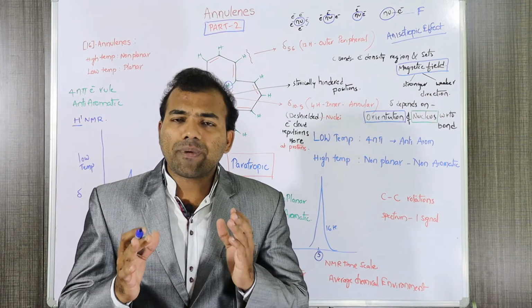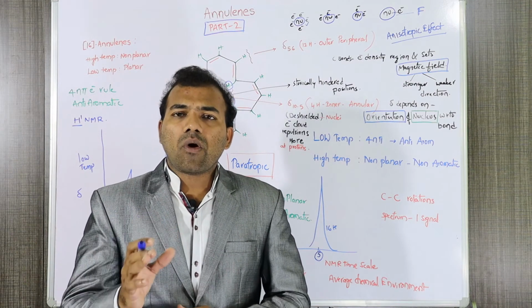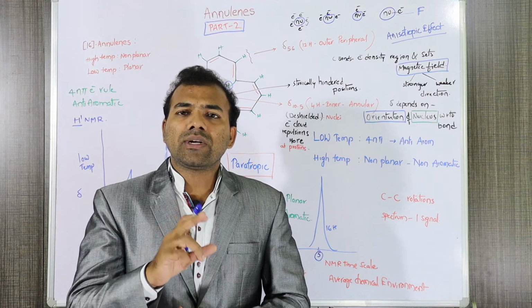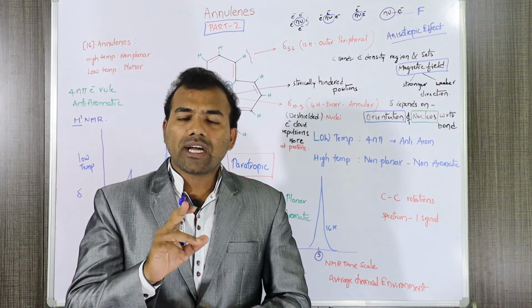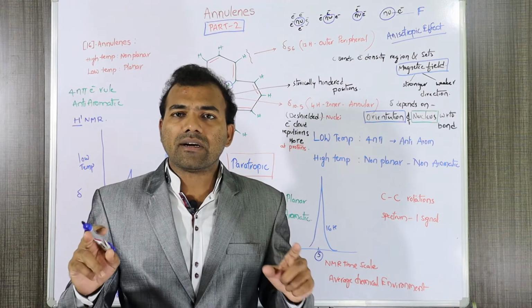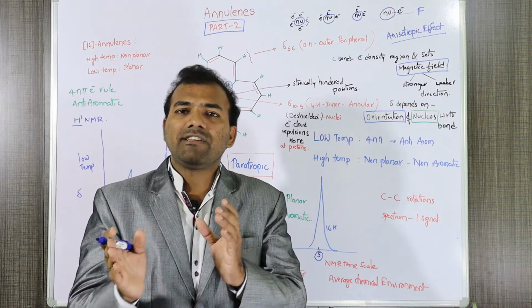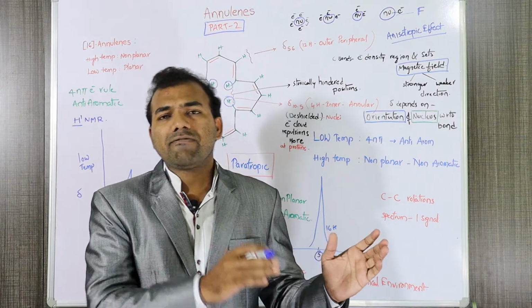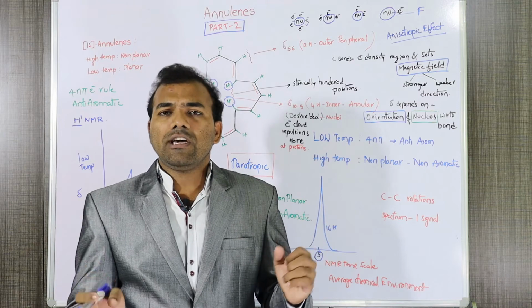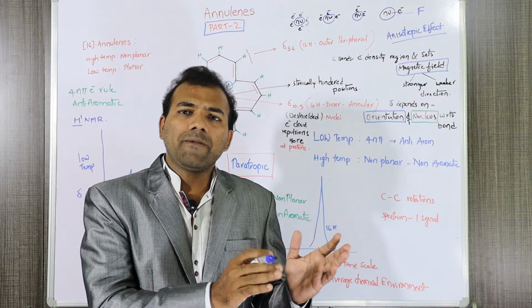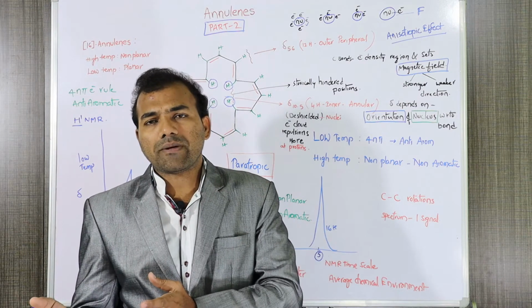In this anisotropic effect, the chemical bonds represent electron density regions, so that they set up a magnetic field. This magnetic field is different at one side and different at another side. So if it is paratropic on one side, then on the other side it is diatropic.